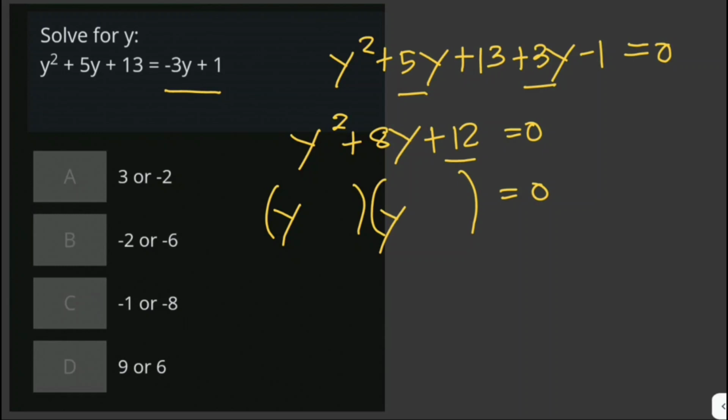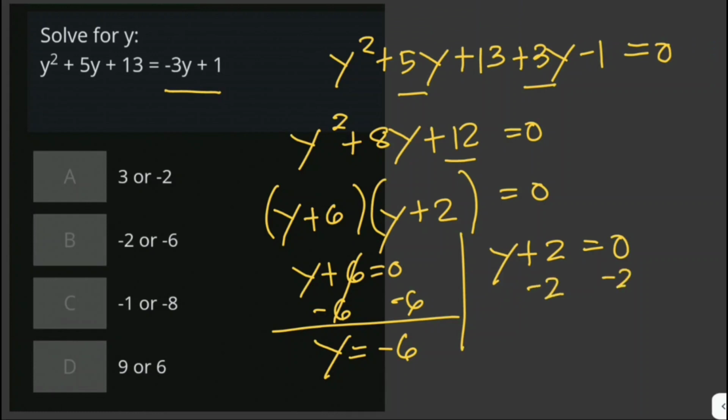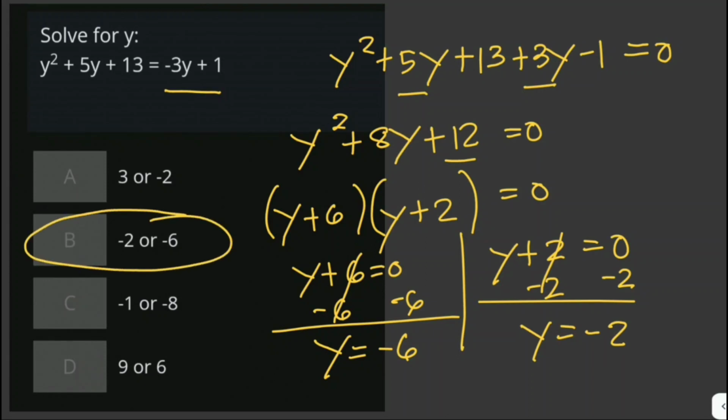So the factors would be 6 and 2. And then now we can equate each factor to 0 to solve for the values of y. Then y is equal to negative 6 or y equals negative 2. So the answer here is letter B.